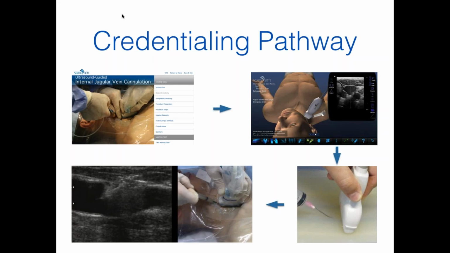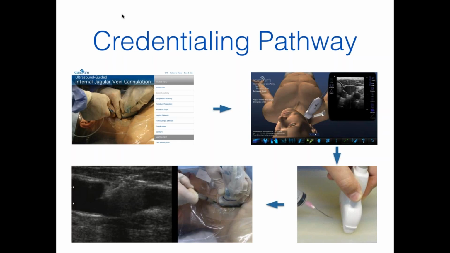In this case, the learners would each have their own user account to SonoSim. They would have to access a course on ultrasound-guided internal jugular vein cannulation. You can see that the content that's covered here includes the regional anatomy, sonographic anatomy, procedure preparation, procedure steps, imaging adjuncts, technical tips and pitfalls, complications, and then it's followed by a test that again is cataloged so that you can document that those users have completed that didactic session.